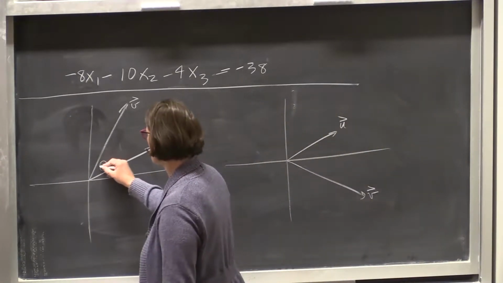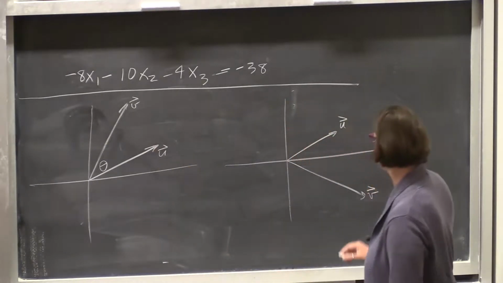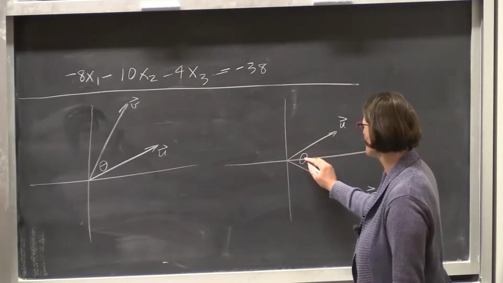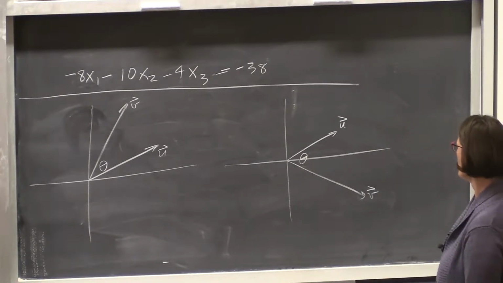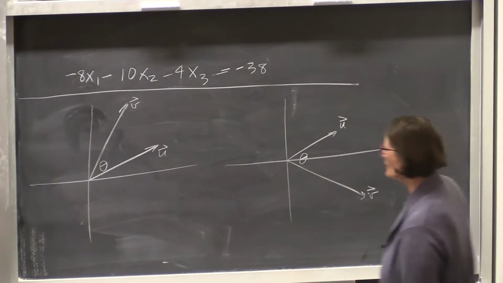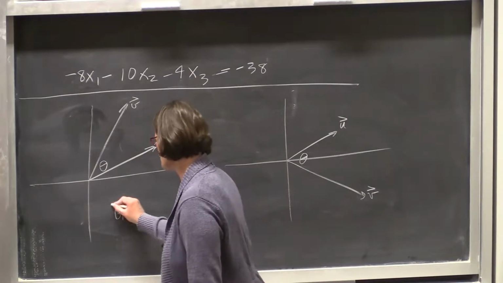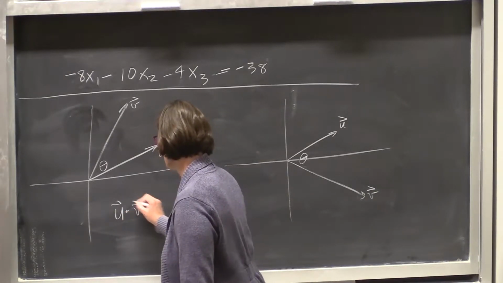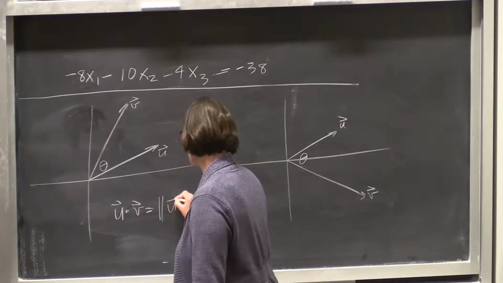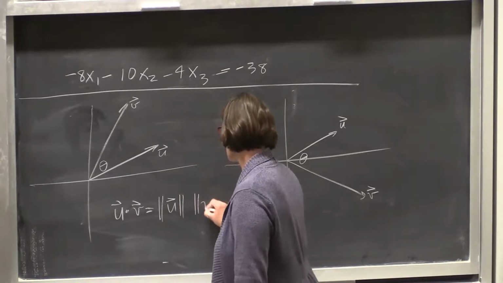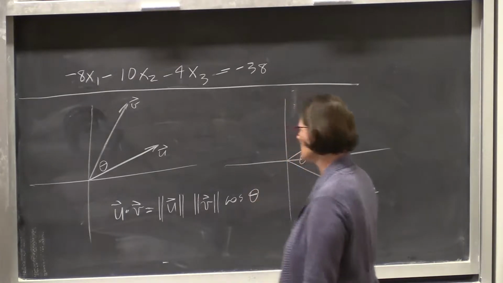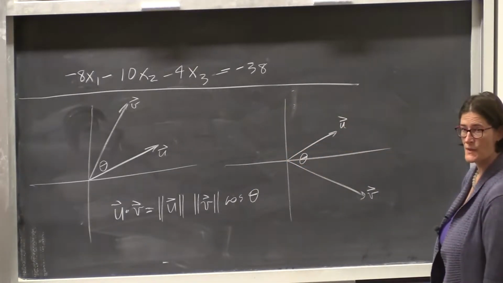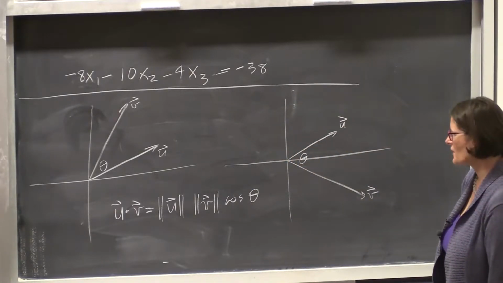This is the angle theta, the angle between u and v. And we know that u dot v is equal to the magnitude of u times the magnitude of v times cosine theta. We got that from the law of cosines.